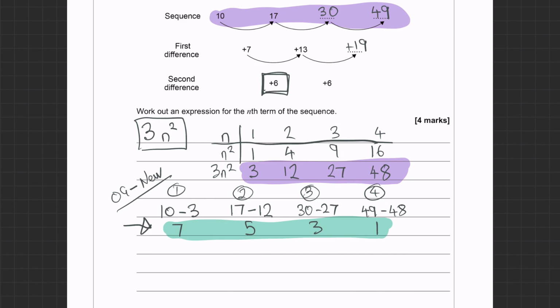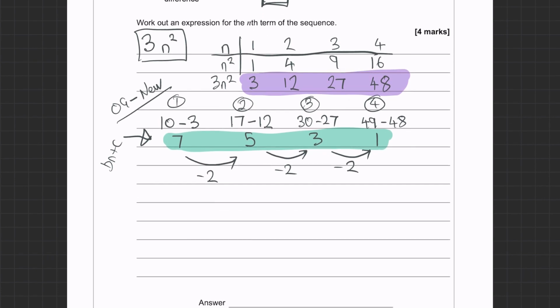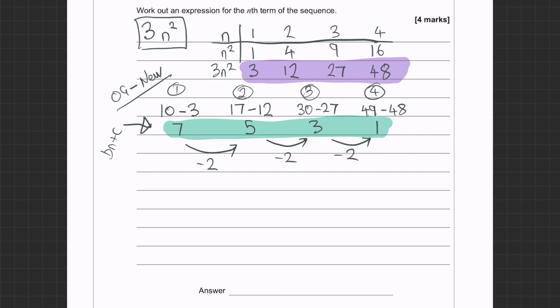And as we can tell, it's just subtracting by 2 each time. So we know it's going to be a nice linear sequence at this point. So it should be bn plus c. Well, if it's subtracting 2 each time, we know it's going to be minus 2n. So then we can put this in a table, n, so minus 2n. 1, 2, 3, 4.